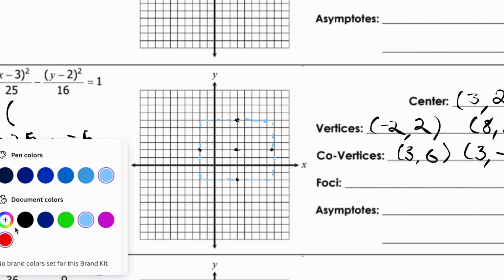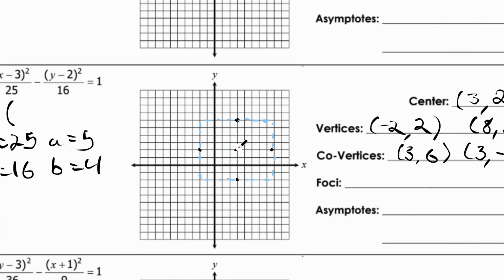And then we're just going to go through this. You see, we go down 4 and across 5. So we're just going to try to eyeball it.